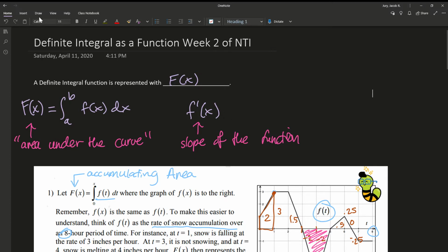Here, what is really our star, or we're highlighting the fact that capital F of x is the definite integral function. So the area under the curve is now represented with capital F of x.